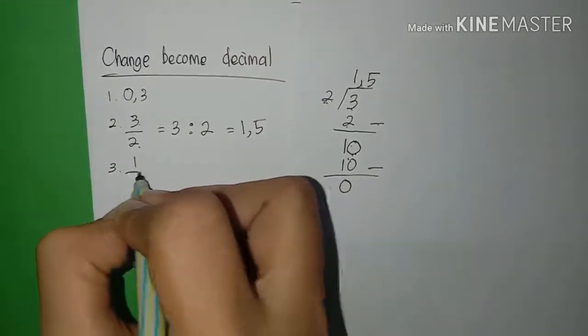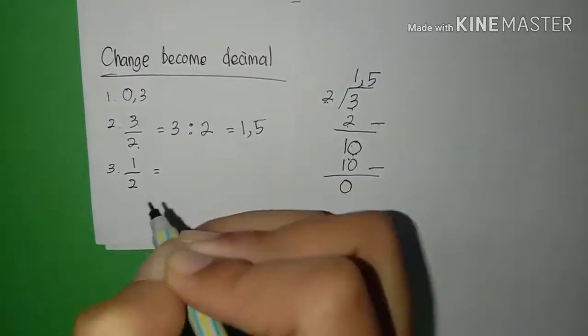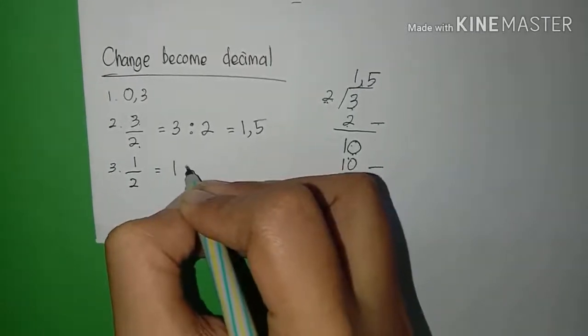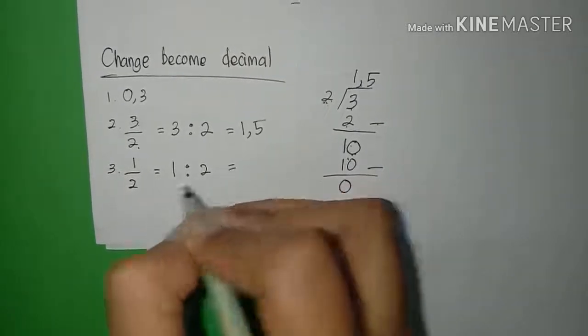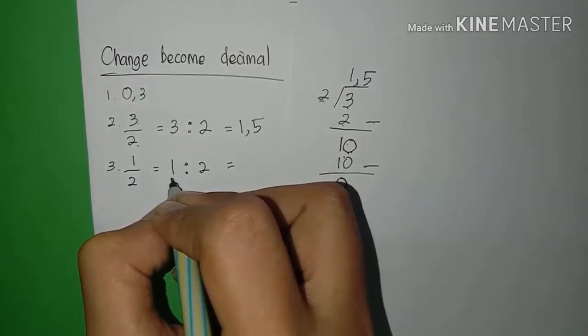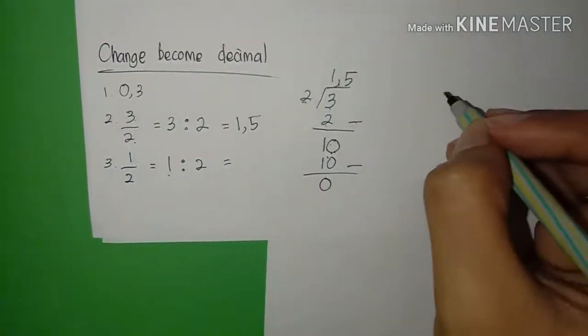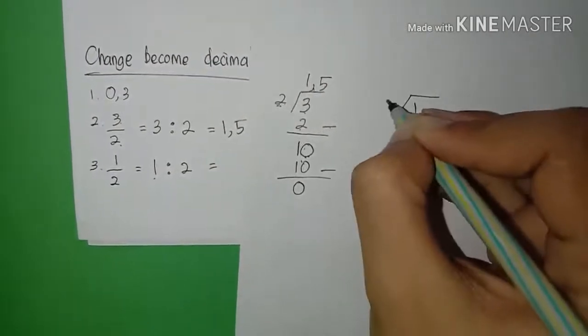Next, the third pattern, 1 of 2, is the same as 1 divided by 2. We can do it this way with long division.